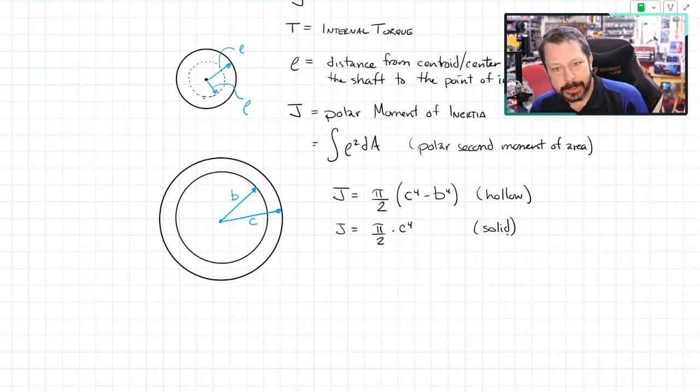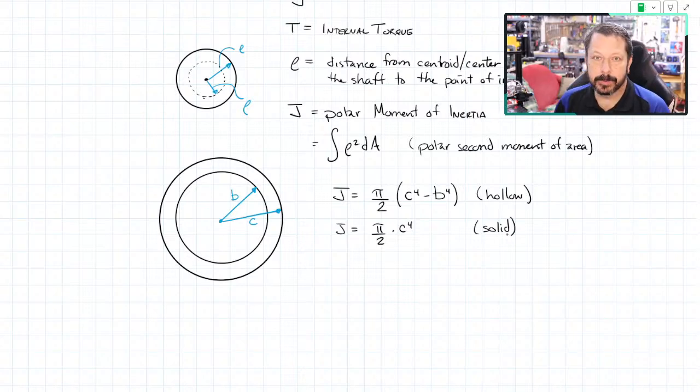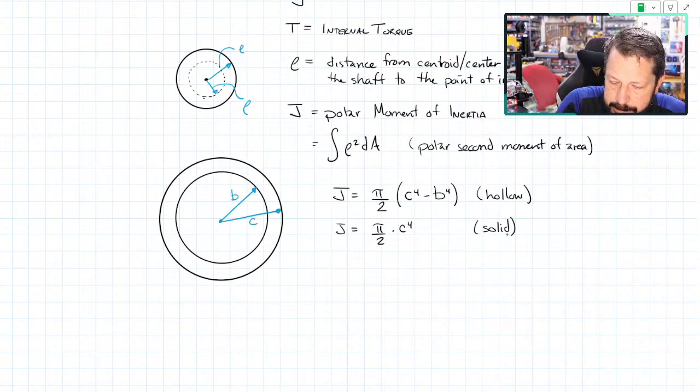It is not always convenient to deal with the radius. Sometimes it's more convenient to deal with the diameter, because if you pick up some calipers or something to measure a shaft, you're not measuring the radius, you're measuring the diameter. So sometimes you will see this as, let's label that guy.